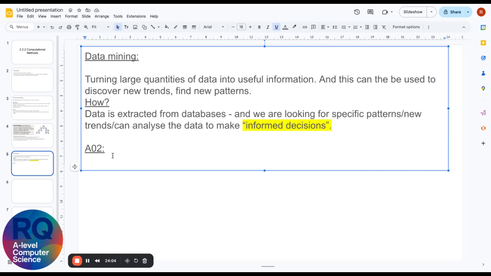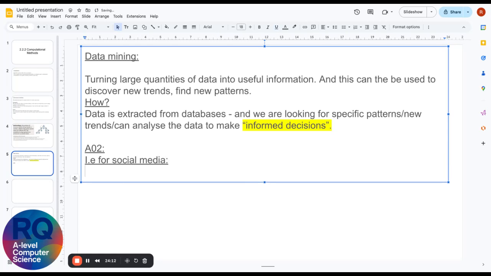So AO2 being, I should say, IE for social media, because AO2 is pretty much applying, so we can use the data which we have analyzed.